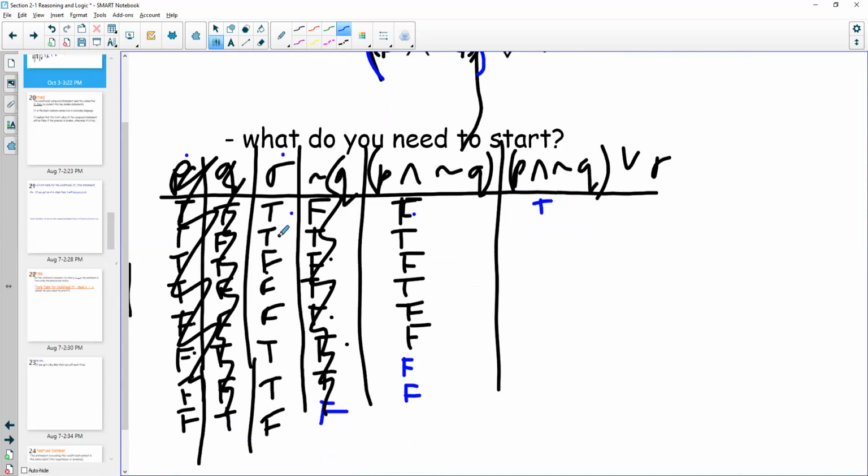All you need is one, true and true, true, false and false, that's a false. False and true, true, false and false gets me a false, false and true, true, false and true, true, false and false, false. Okay? So when we get through, we have 8 possibilities here.